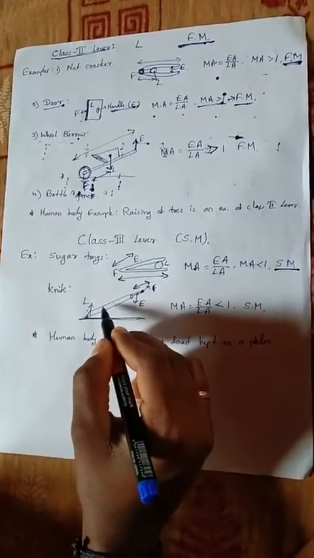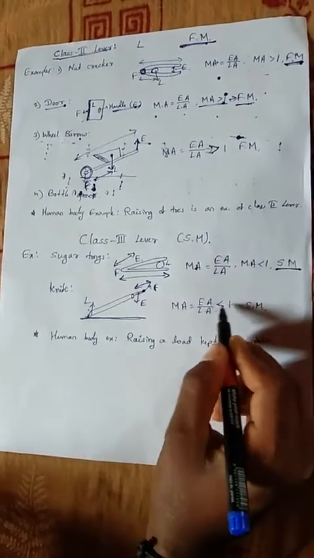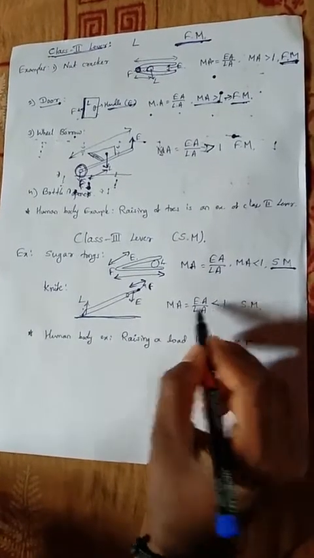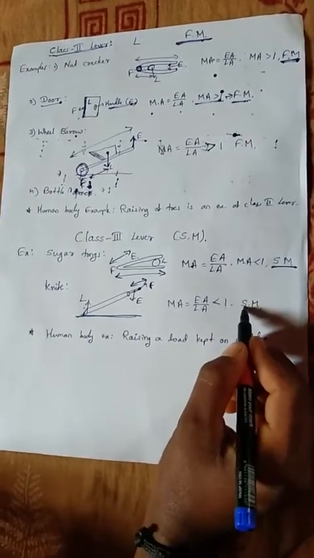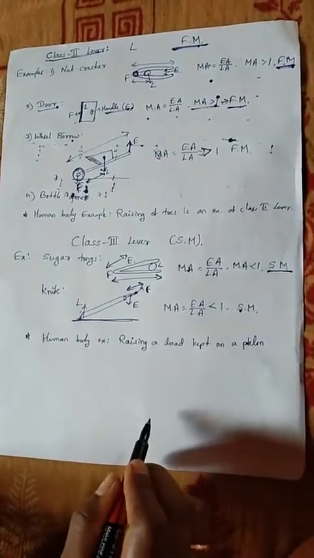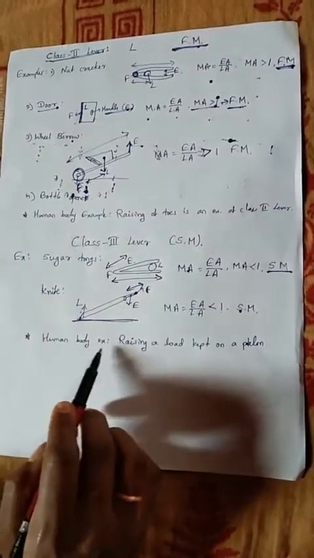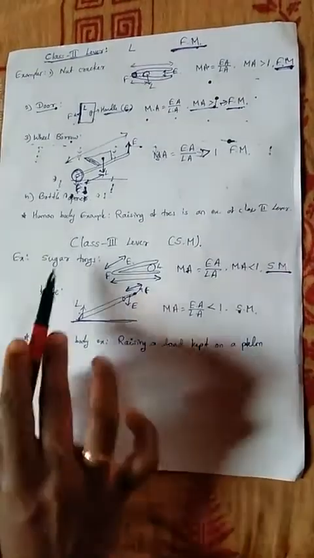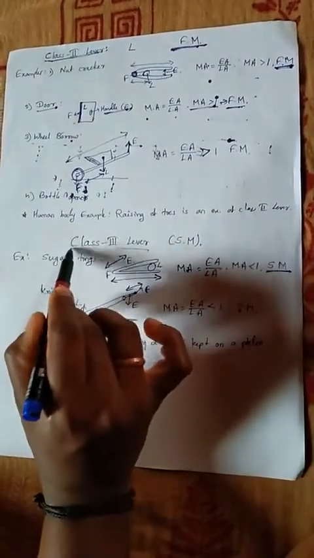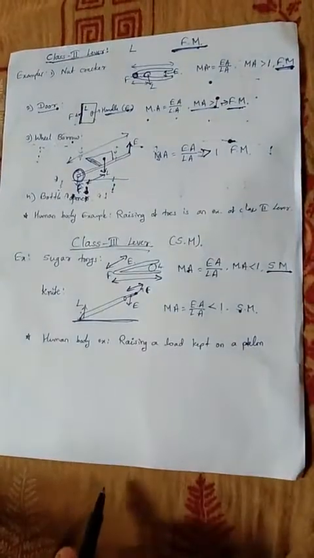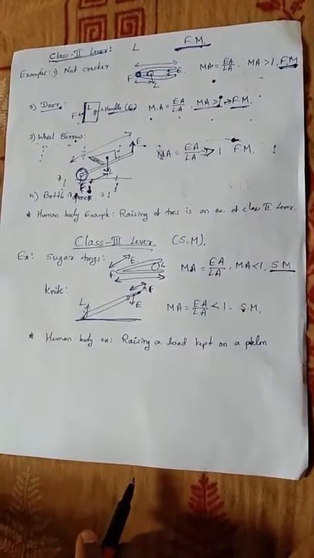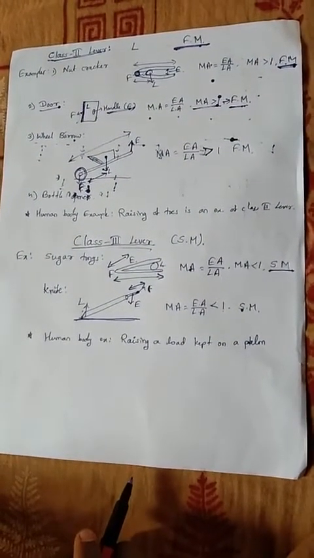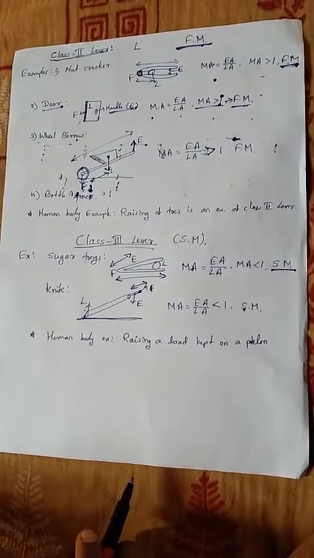Here also the load arm is greater, so you get a mechanical advantage less than 1, which means a speed multiplier. From the human body, raising a load kept on the palm is also an example of a class 3 lever. So class 1, class 2 and class 3 levers are the types of levers.